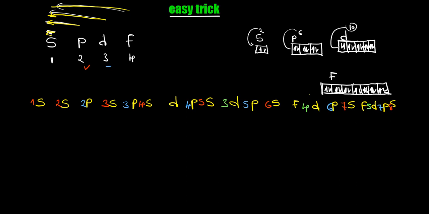Let me go to F now. If I go to F, it is number 4. So for D, I've missed one thing here. My D starts at 3 here, since that's the first 3 I can see there.